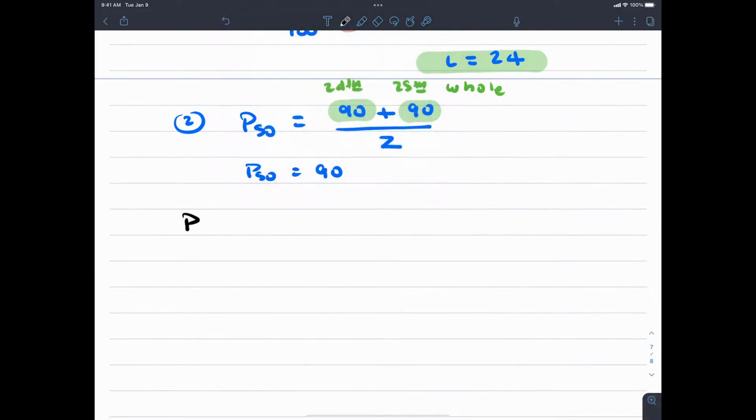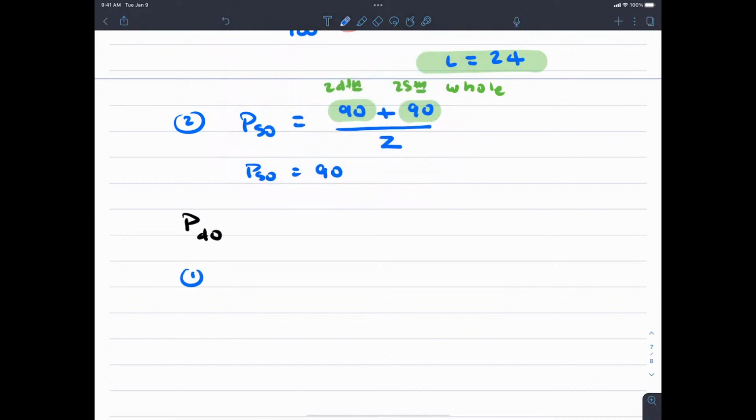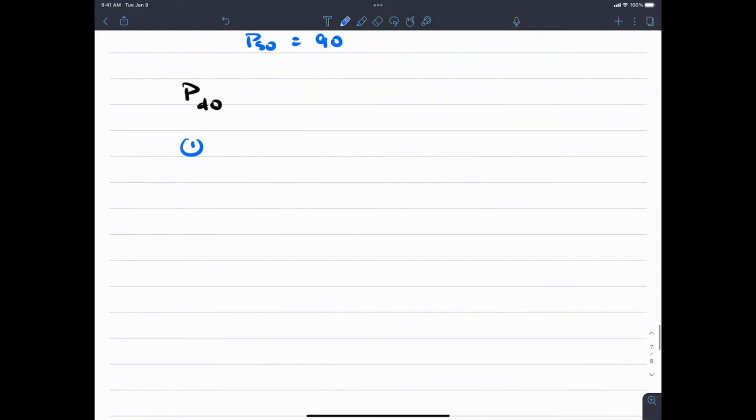All right. So what's the next one going to be now, ladies and gentlemen? These are percentiles, right? P40. We're going to do this again now. Okay. So your locator is going to be K over 100 times N. Every time you use your formula, write it down. K is 40. 100 times 48. Let's see what we get for the locator.